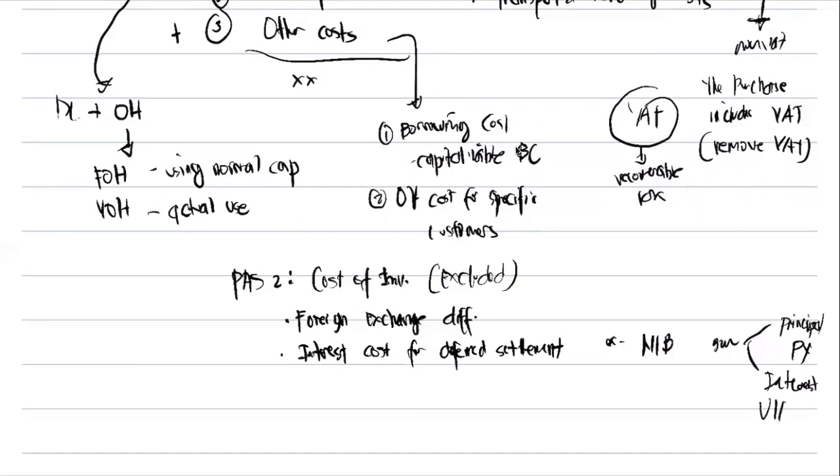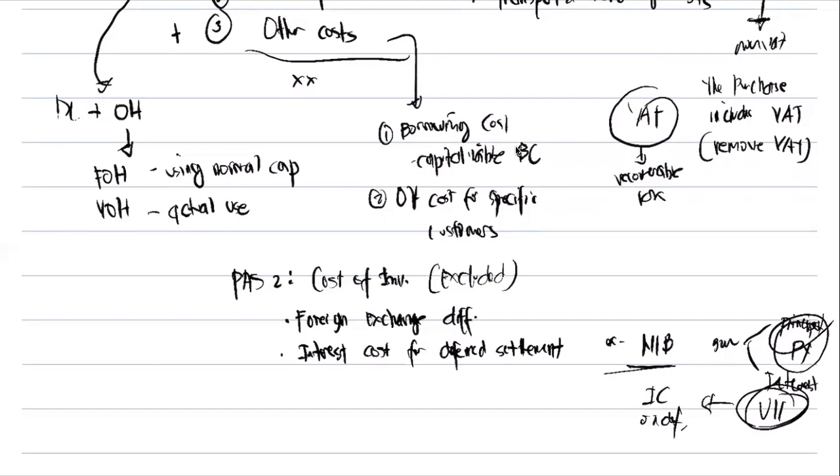This is the unearned interest income. So you remove this unearned interest income. This is the interest cost on deferred settlement. You only include the present value, which applies now to non-interest bearing notes.